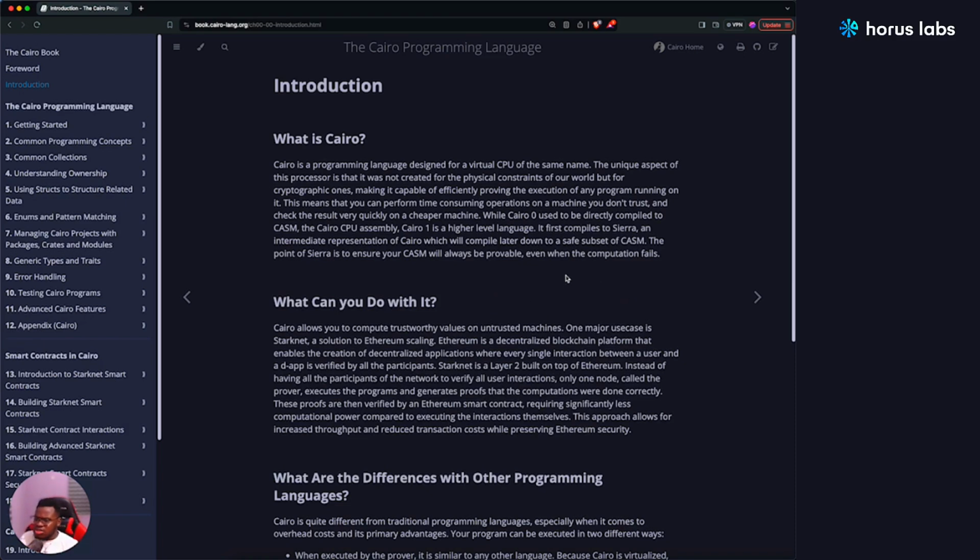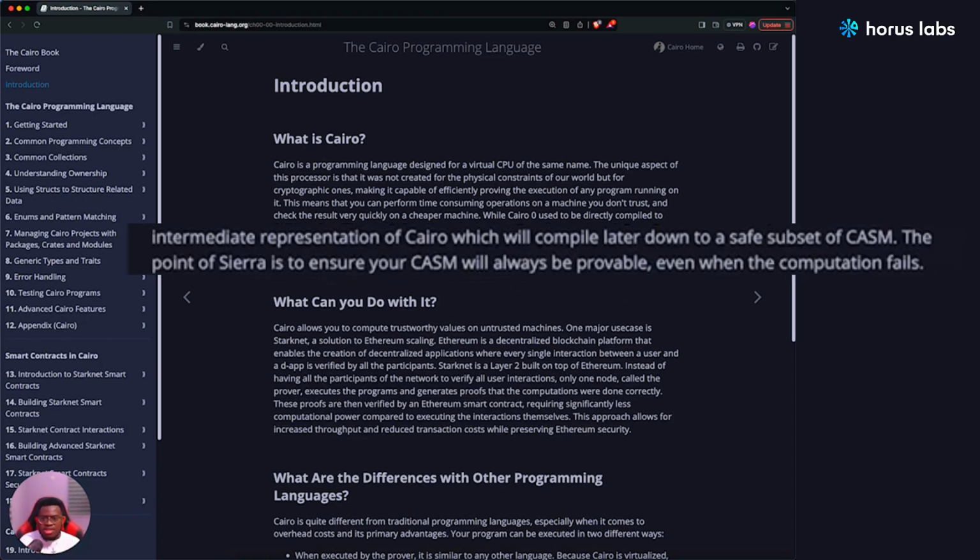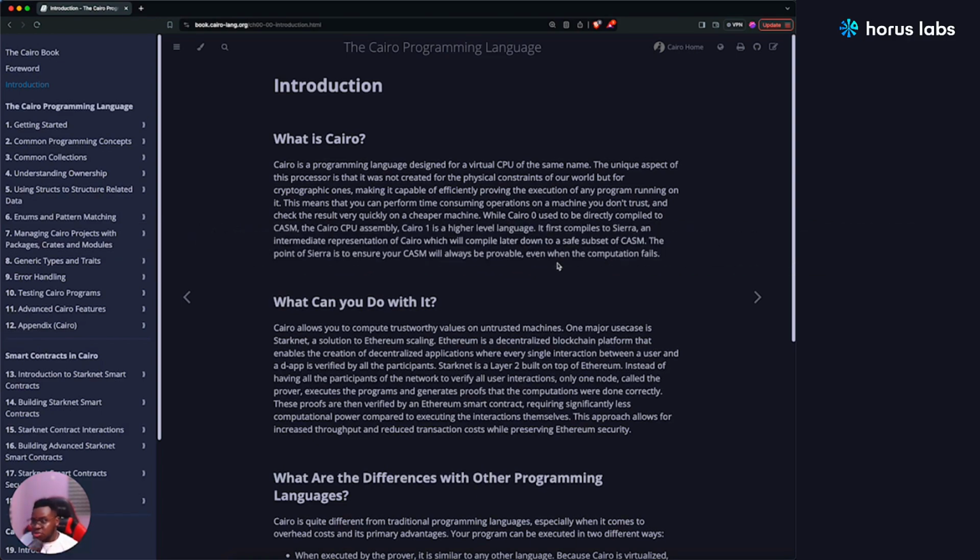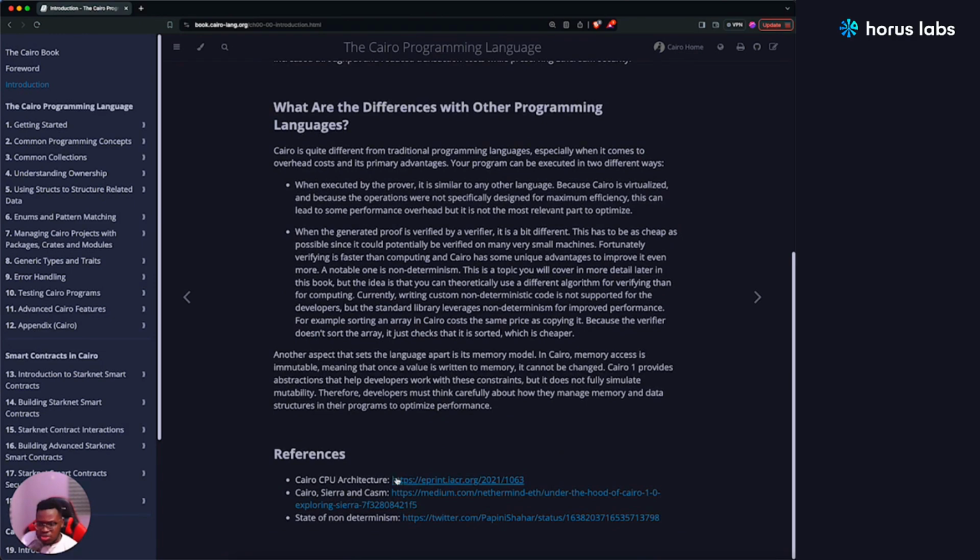But with the introduction of Sierra, it is possible to generate proofs for failed computations. Previously it was Cairo program to CASM, which is short for Cairo assembly, but right now you have Sierra in the middle, so it's more like Cairo to Sierra to CASM. If you need more information on how this works, you can check out the Starknet book, or there should be some resources linked down here.